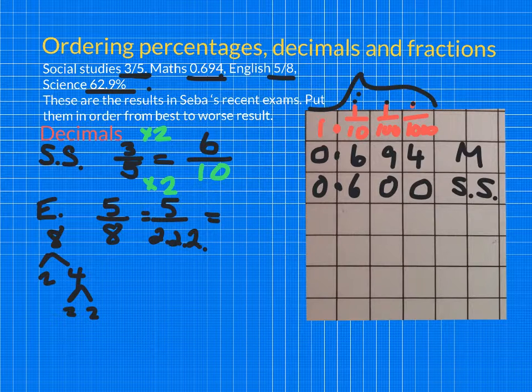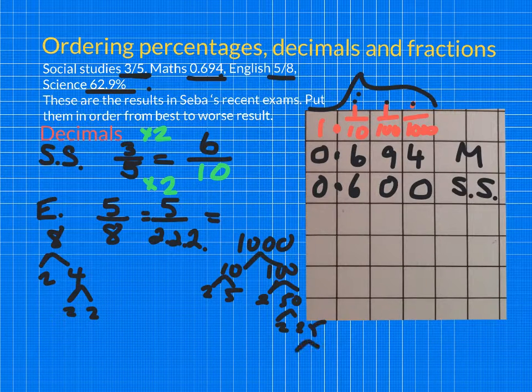Well, if you have 1,000 and you divide it up, that's like 10 times 100, 2 times 5, breaking it down into its prime factors, 2 times 50, 2 times 25, 5 times 5. 1,000 can be broken down to be 2 times 5 and 2 times 5 and 2 times 5.